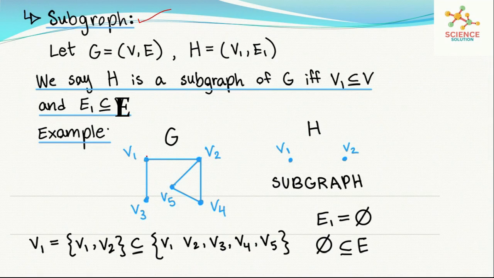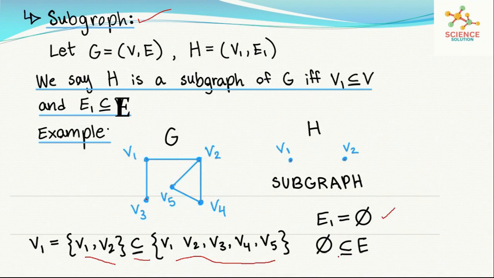For example, here the diagram of a graph G is shown that has 5 vertices V1, V2, V3, V4 and V5 and 5 edges. If H is another graph having only 2 vertices V1 and V2, which is a subset of the set of vertices of G, and the edge set of graph H is empty because the graph H has no edge.